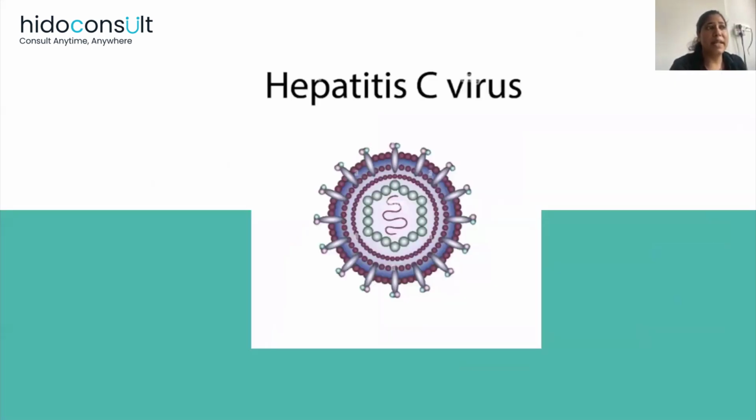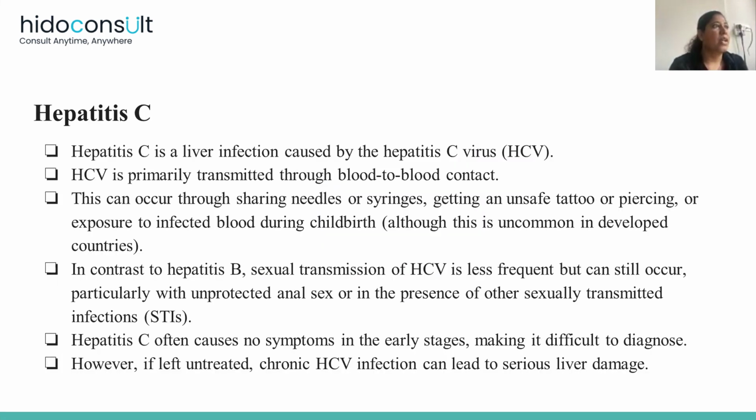Now coming to the hepatitis C virus. Hepatitis C is a liver infection caused by the hepatitis C virus. HCV is primarily transmitted through blood-to-blood contact. As we have discussed, hepatitis B virus is transferred through sexual contact, but unlike that, hepatitis C is transferred through blood-to-blood contact.